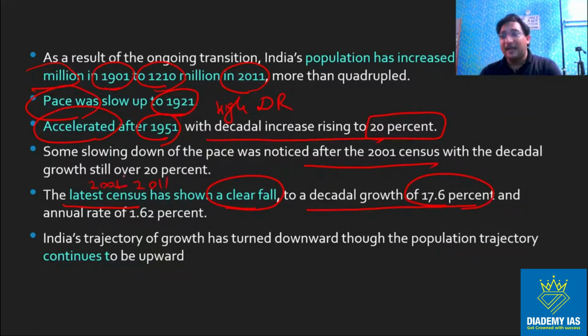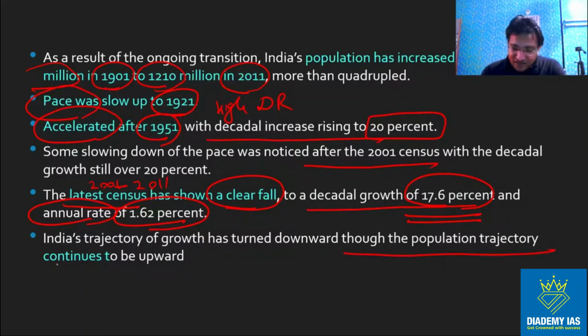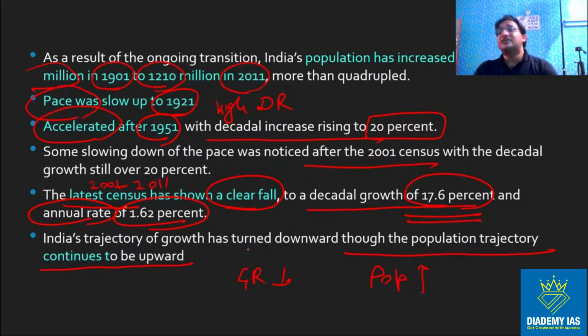In this decade, the decadal growth rate was 17.6%. That is, the annual rate is approximately 1.6%. India's trajectory of growth has turned downward, though the population trajectory is high. ठीक है? So growth rate is declining, but population is increasing. ठीक है? तो स्पीड कम हो गई है इंक्रीज की, लेकिन इंक्रीज तो हो ही रहा है.